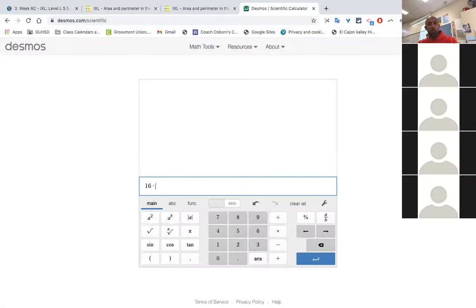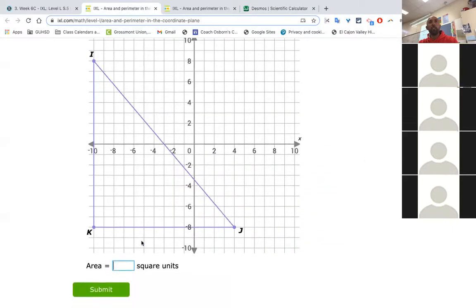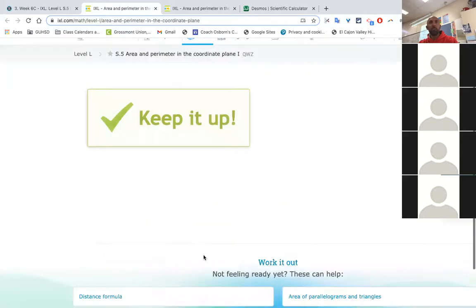What I can do is I'll click the divide first. That way I can get the 16 and the 14 on top, and then type 2 in the bottom. So it's 112. So that is the area for this shape, 112 square units.